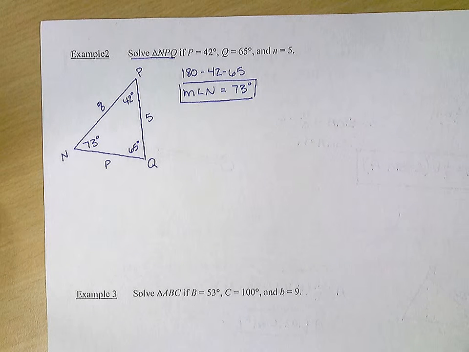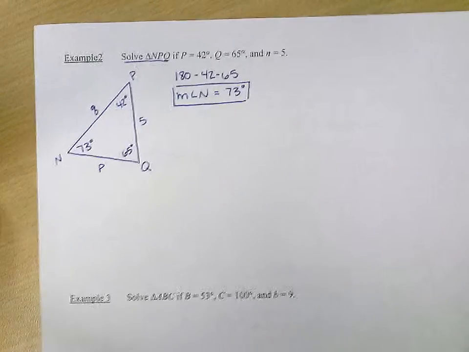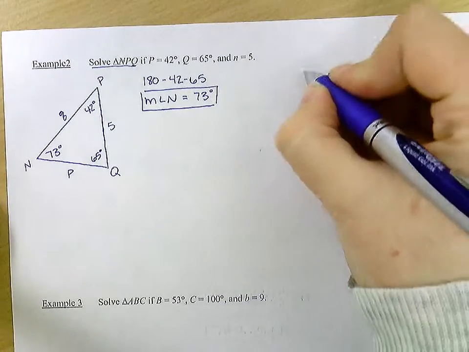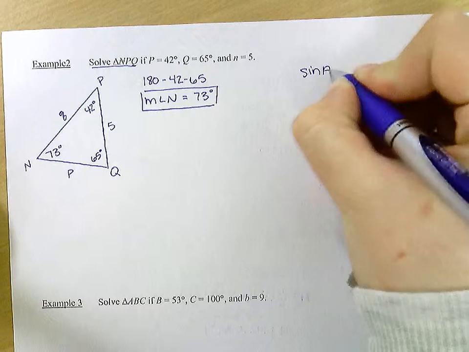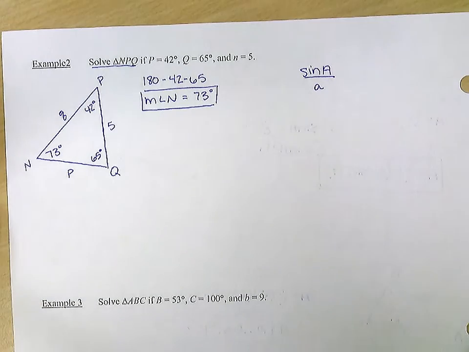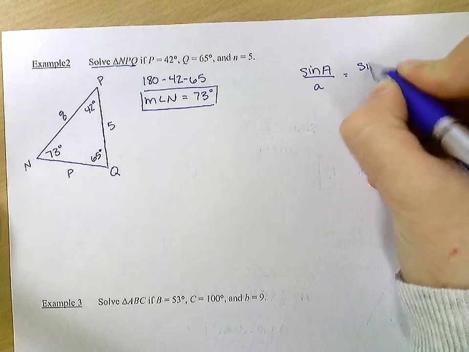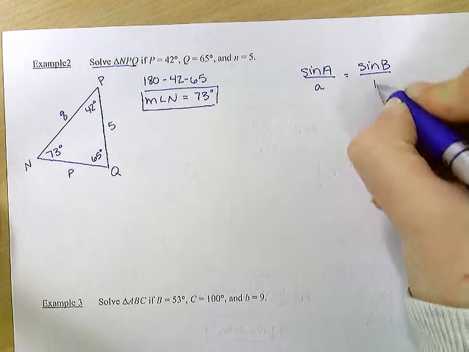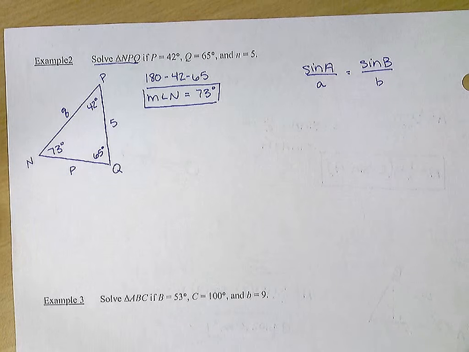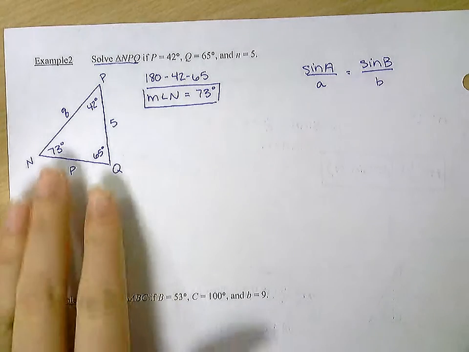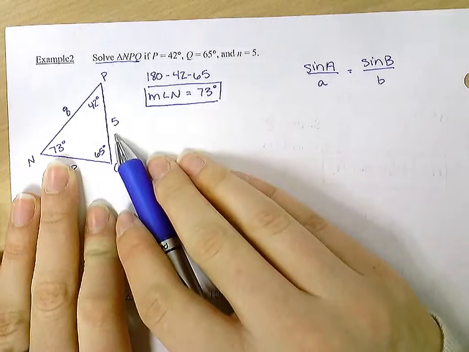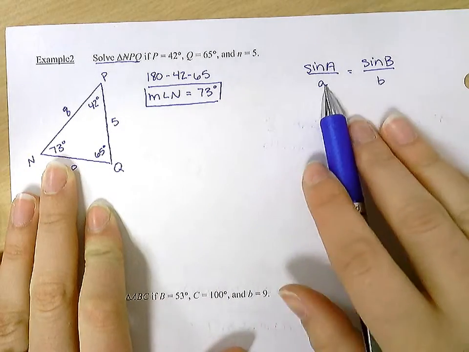However, we can use the law of sines for this. So with the law of sines, again we wrote this on the front, I need sine of an angle over its opposite side equal to sine of another angle over its opposite side. So since I have angle N and its opposite side, that has to be one of my fractions here.